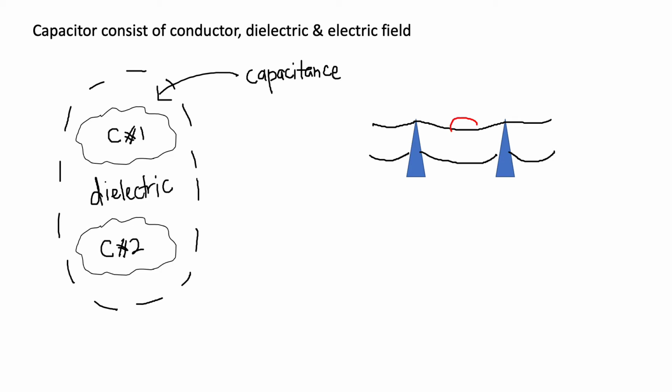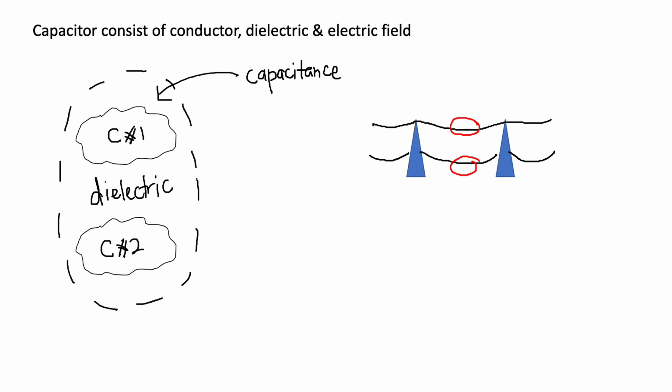So now we have one conductor here and a second conductor here, and the dielectric is between this conductor and this conductor, and this condition we call a capacitance. This is the kind of situation that we are going to consider in EMT. So back to this diagram, we are going to continue our analysis using this diagram.